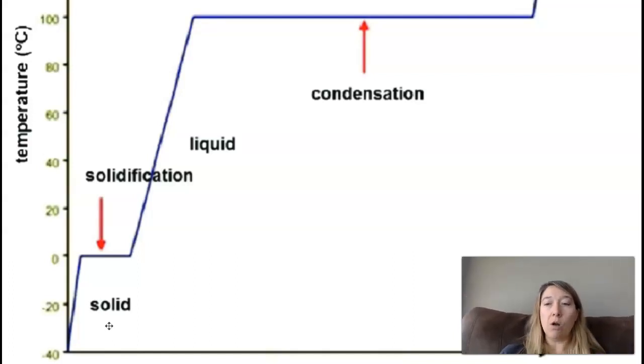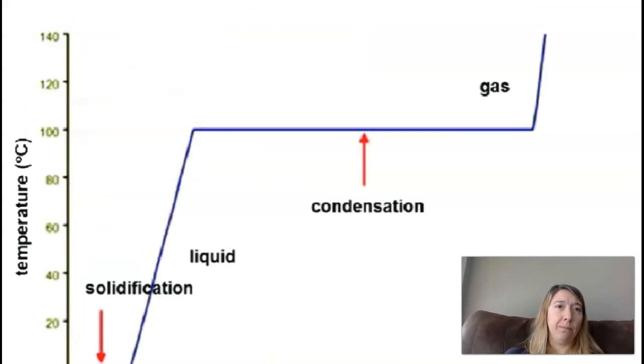So when we talk about melting point and boiling point, it all comes down to how strong the attractive forces are. Something with weaker attractive forces is going to melt or boil well before something with stronger attractive forces, because stronger attractive forces require more energy to break.